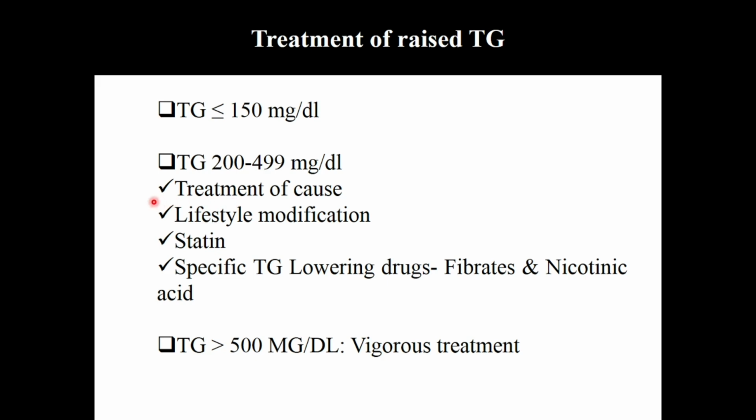Usually in cases of secondary hypertriglyceridemia, if we treat the proper cause, usually the level becomes normal. Then lifestyle modification, and you can use statins and specific triglyceride lowering drugs like fibrates and nicotinic acid. If triglyceride level is more than 500, which is very severe, we need vigorous treatment.